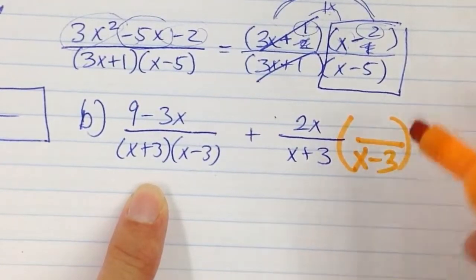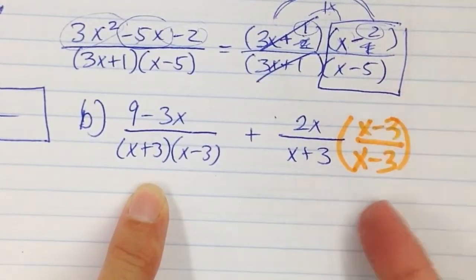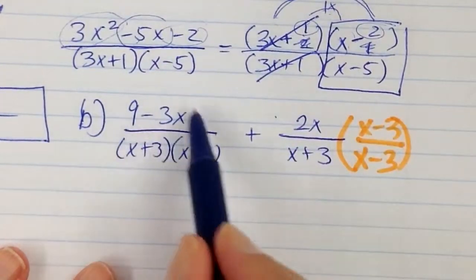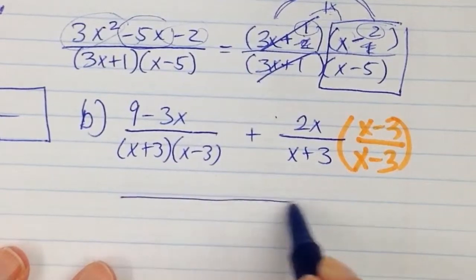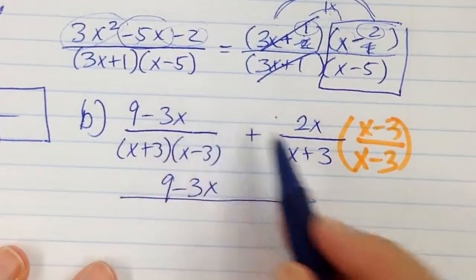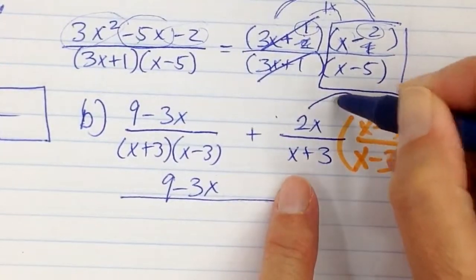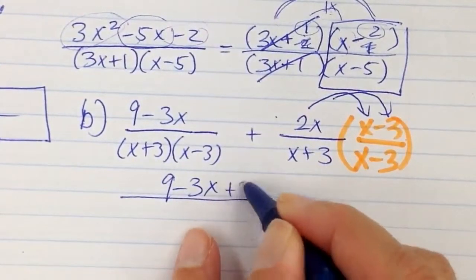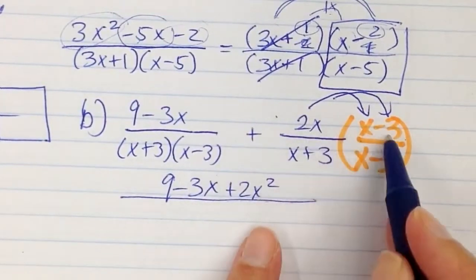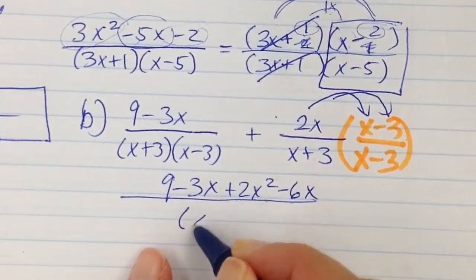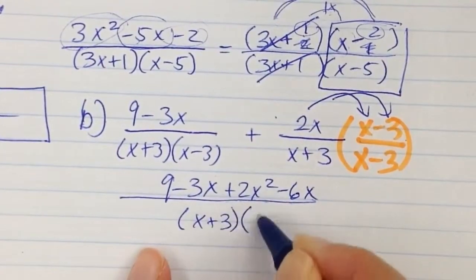X minus 3, right? Over x minus 3. Then it will look like the other side. And so I don't need to do anything with the 9 minus 3x, because that's fine. But I do need to distribute my 2x times x minus 3. So plus 2x squared minus 6x over x plus 3 times x minus 3.